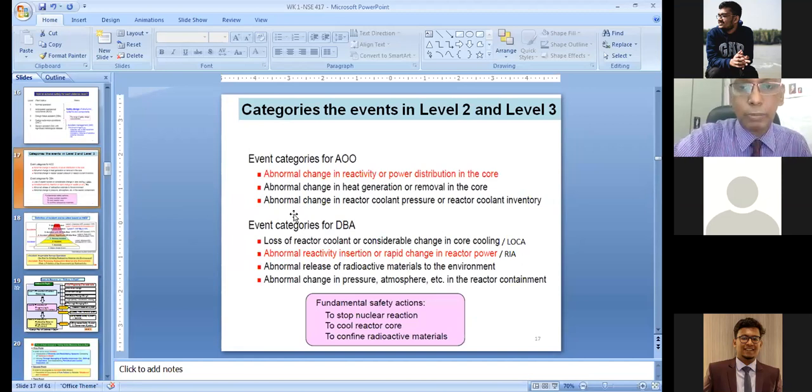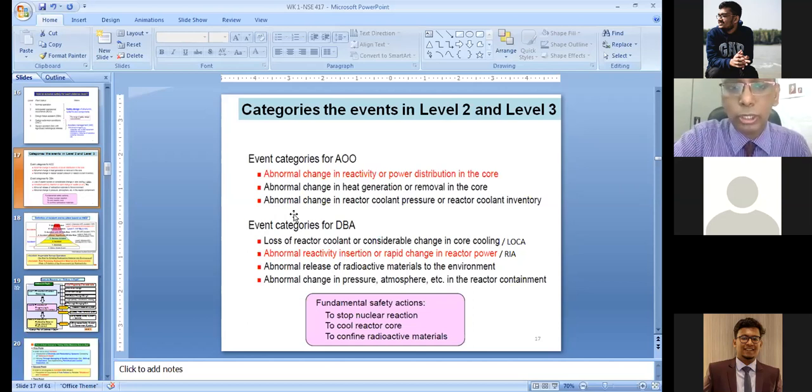You will notice abnormal change in the nuclear reactor, especially in the control room or control system. The shift engineer or shift supervisor will notice some abnormality in the reactivity, the power distribution, or the turbine load in the reactor core.